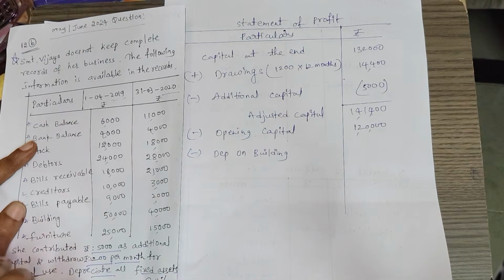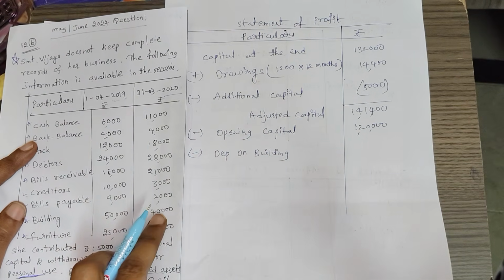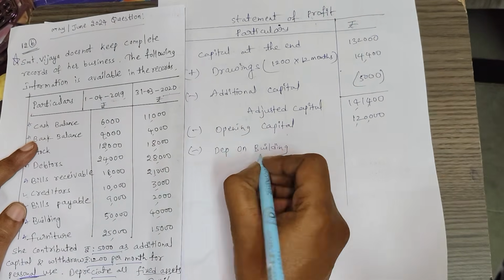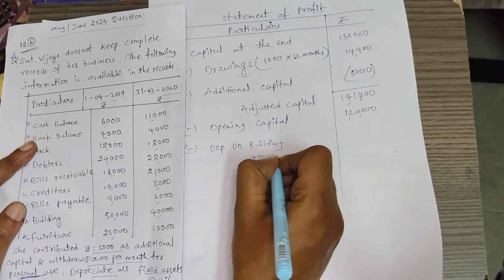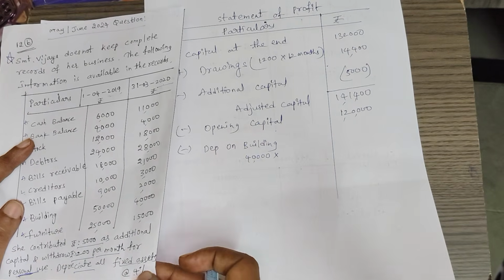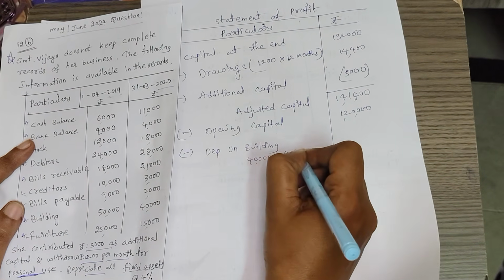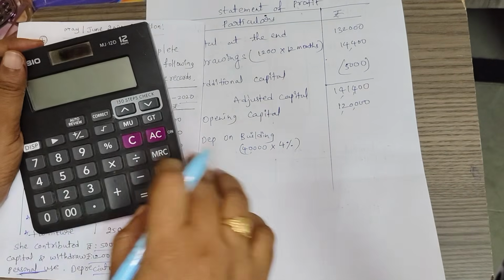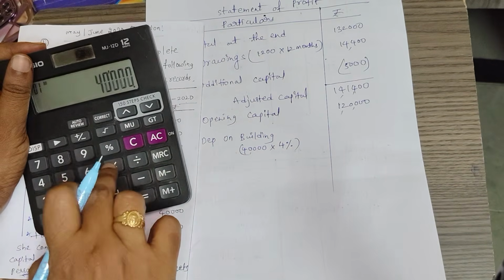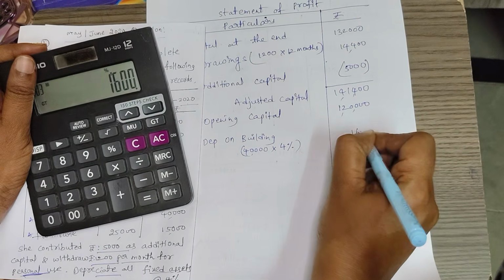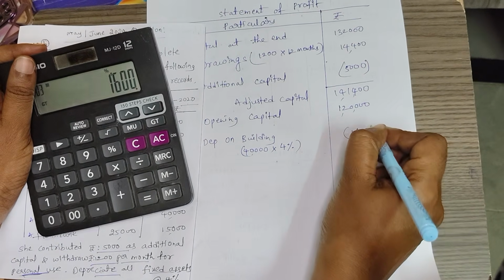Okay. So what is our closing balance of building? 40,000. Closing balance is nothing but current year balance. So 40,000 into how much percentage is there depreciation? 4%. 40,000 into 4%, 1,600. Okay.